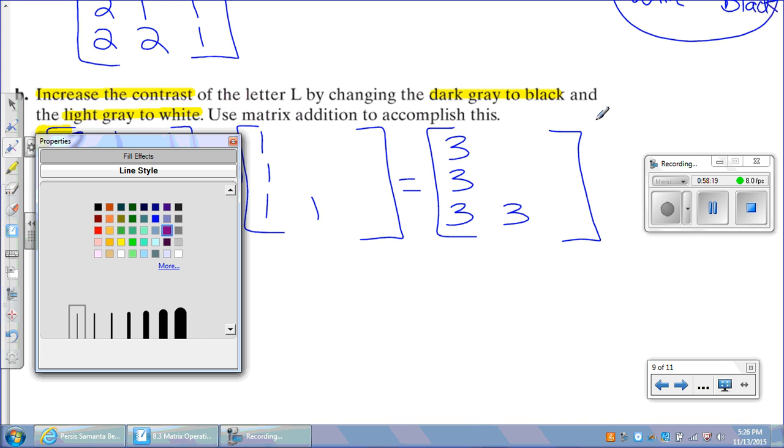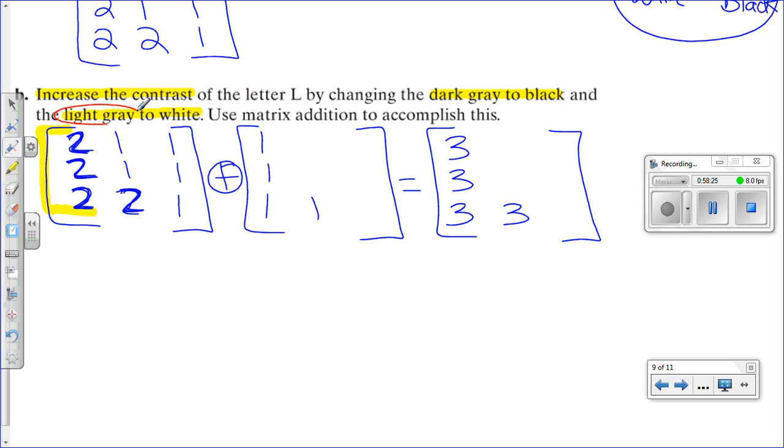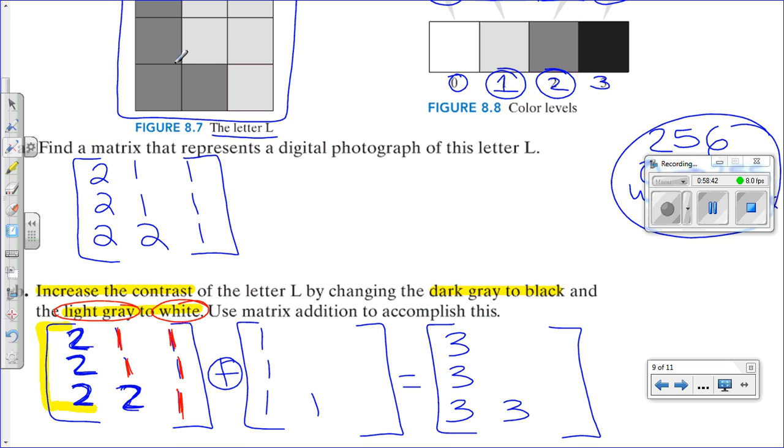Now let's look at the other pixels, the ones in light gray. So light gray is represented by 1. And we want those to turn into white. So the number that we're using to denote white pixels is 0 right here.